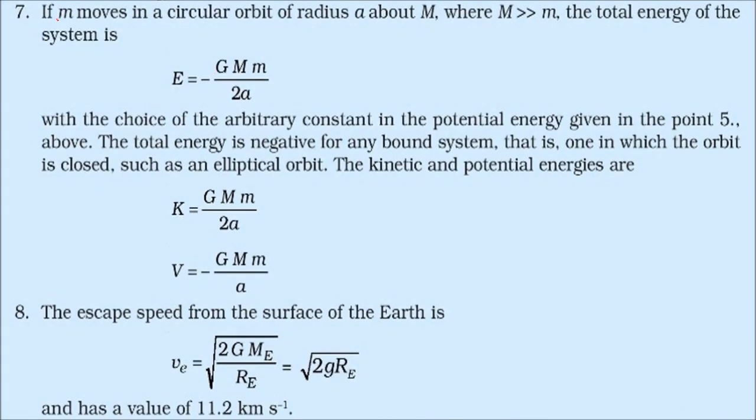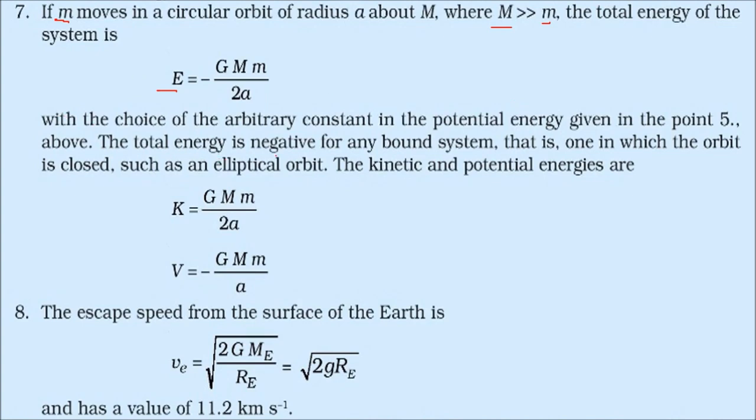If mass m moves in a circular orbit of radius a about mass M, and M is very large compared to the small m, the total energy will become E = -GMm/2a. Now here is a choice of arbitrary constant in the potential energy, as we saw in the previous point.